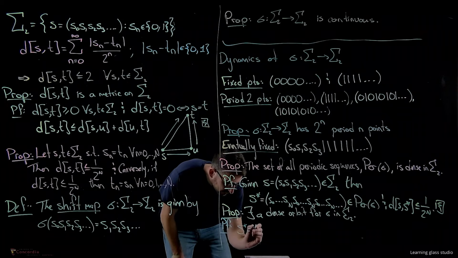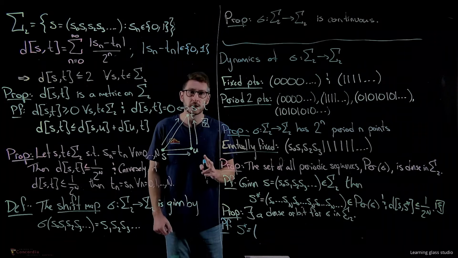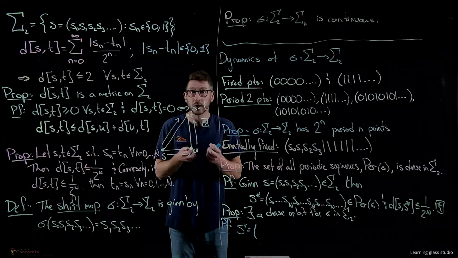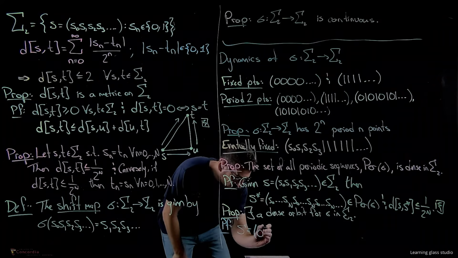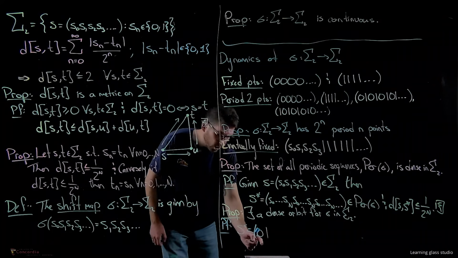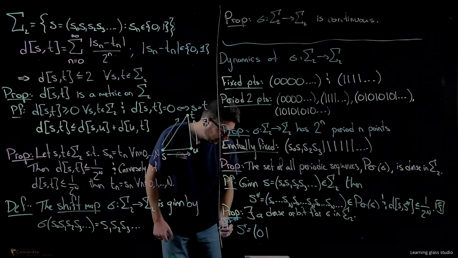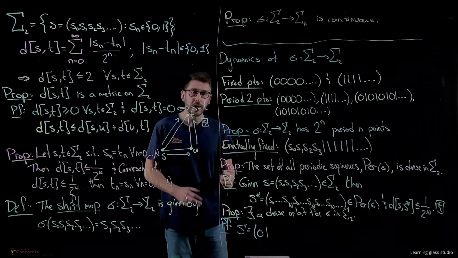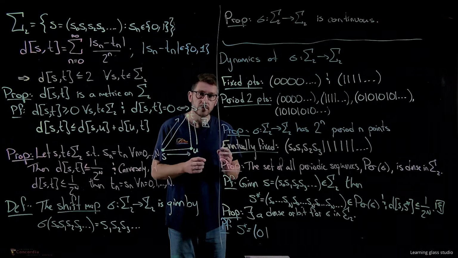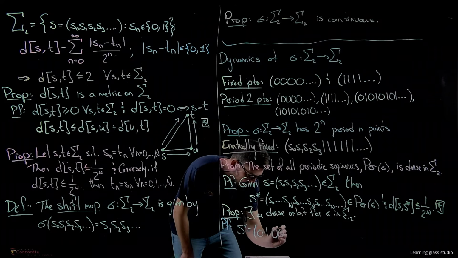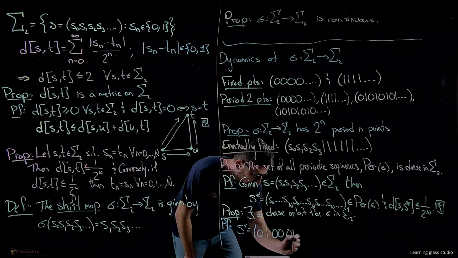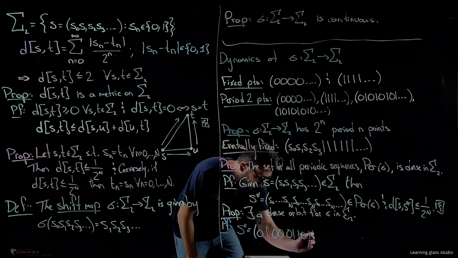That means my first 2 points in here are going to be the sequences of length 1, so 0, 1. This is a block of one sequence element. Then I'm going to append on all possible sequences of length 2. So 0, 0, 0, 1, 1, 0, 1, 1.